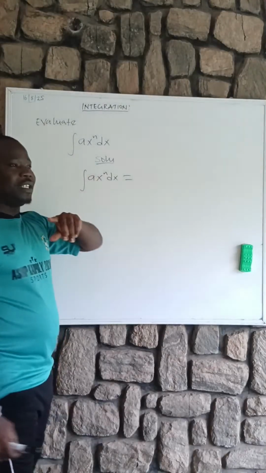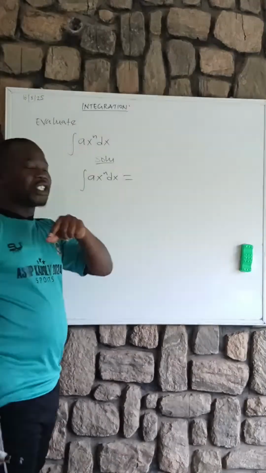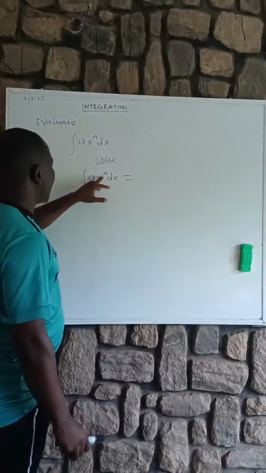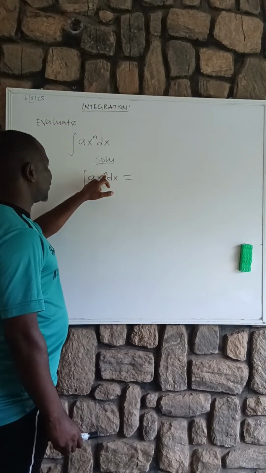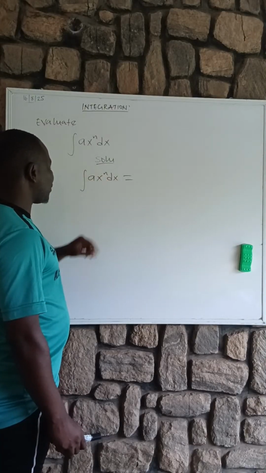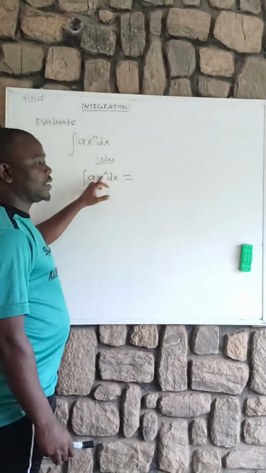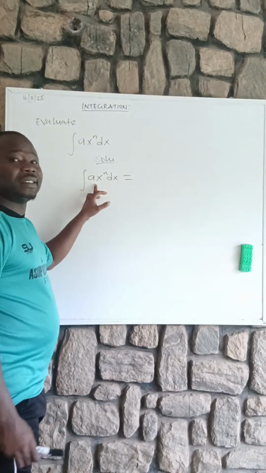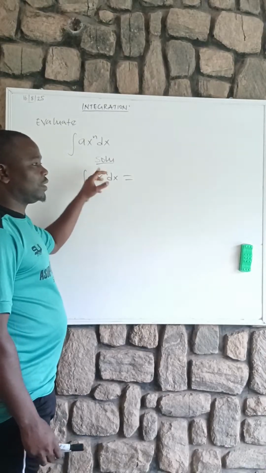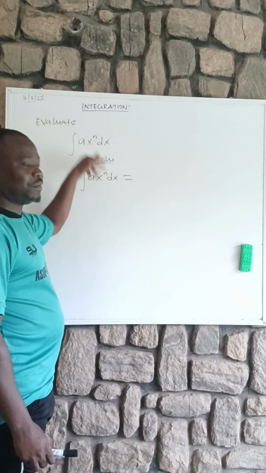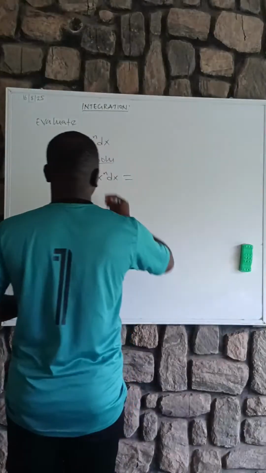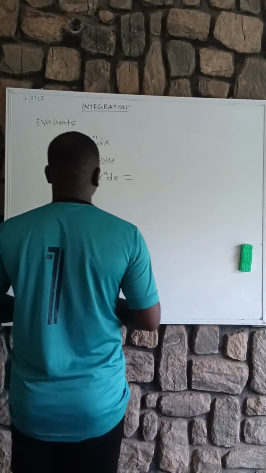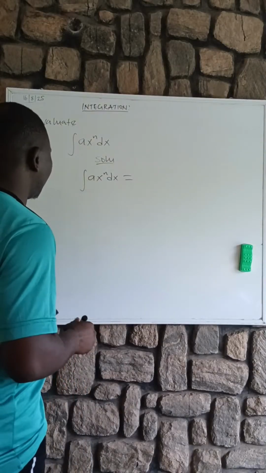So that's why they said integration is the opposite of differentiation. What do we have here? N, true or false? So you use this n to divide this function, then raise to the power of n plus 1. Is that clear?